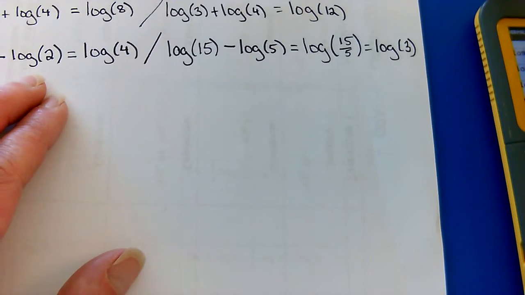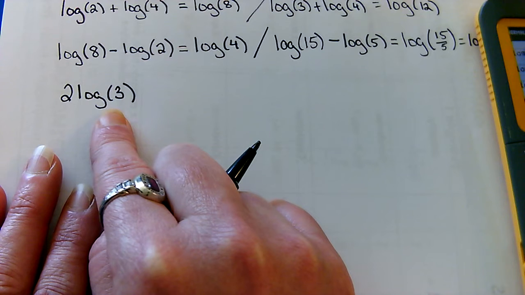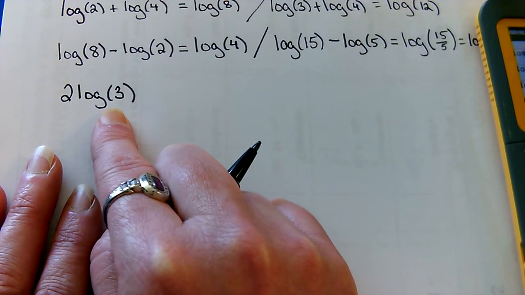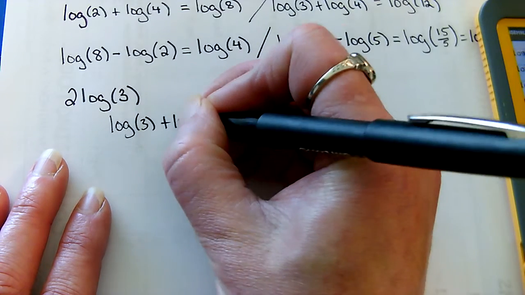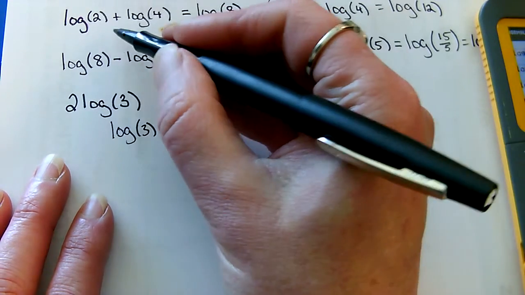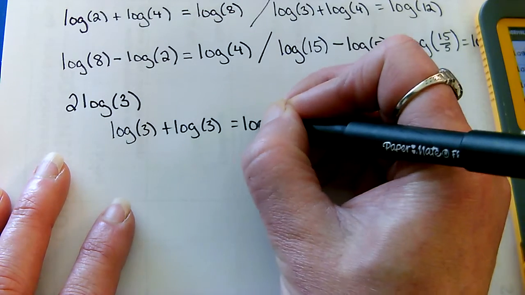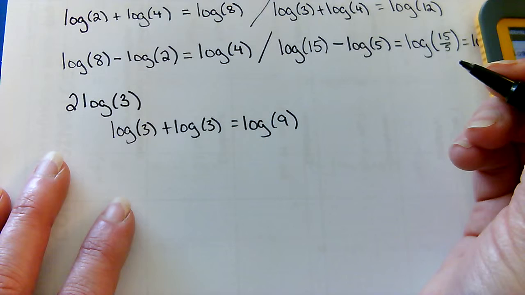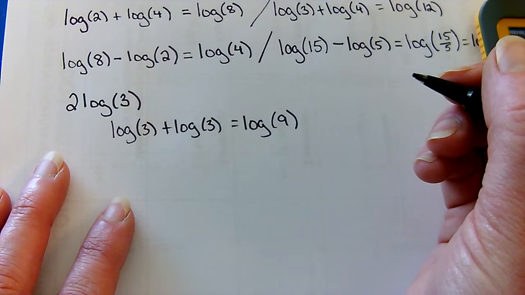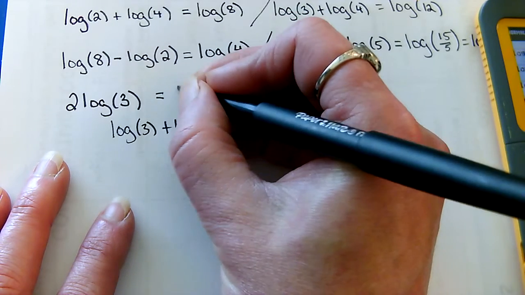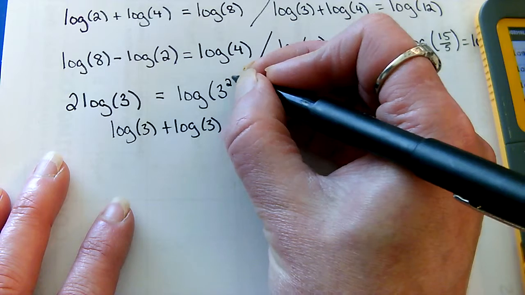Now the next one I want you to think about for a second. 2 log of 3s. Well, that really means I have log of 3 plus log of 3. And we just learned that rule. That would be 3 times 3. That would be log of 9. Or I could shortcut it, log of 3 squared.